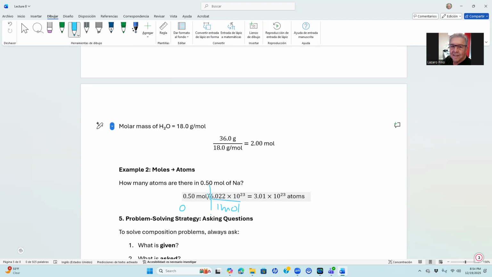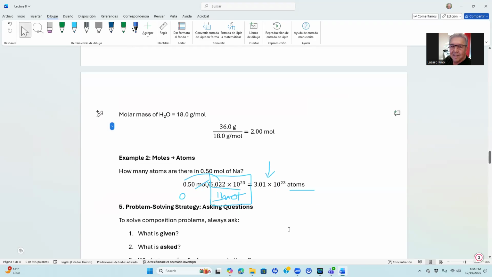This is Avogadro's number. 1 mole of any compound is this number of particles. In this case, you're talking about atoms. Then if you use this conversion factor, you can cancel mole with mole, you multiply and you divide and you get the number of atoms, that is what you're looking for.